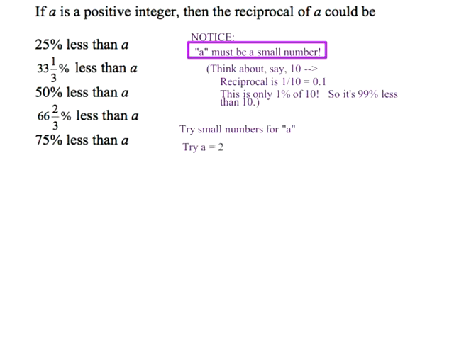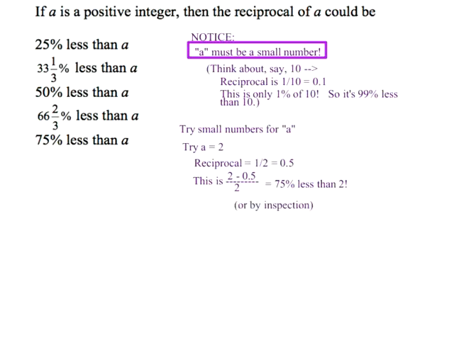That means the reciprocal is 0.5, and that's 75% less than 2. Find out your standard way of finding those things, or you can just do it by inspection.